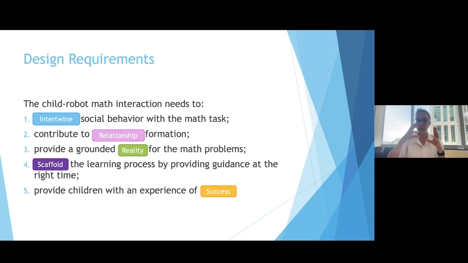So we tried to combine those realistic elements as design requirements, so that we could design a math tutor where we could actually implement that interaction.